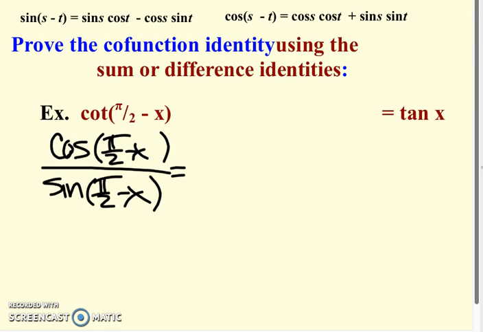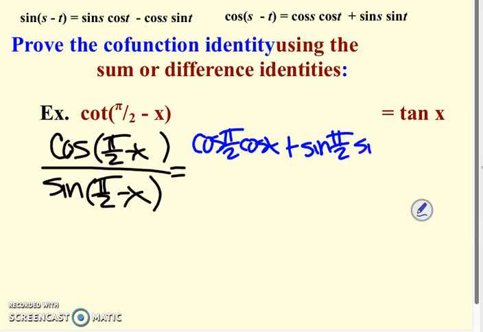Now, once you do that, you've created a cosine difference and a sine difference. And now they're going to be expanded. So we expand them out the same way we did in the first couple problems, and then see where it goes from there. There's a cosine difference formula, cosine, cosine plus sine, sine.